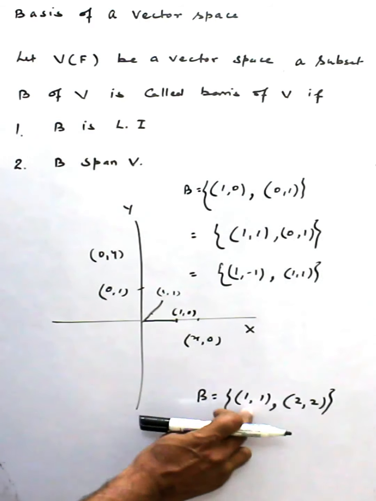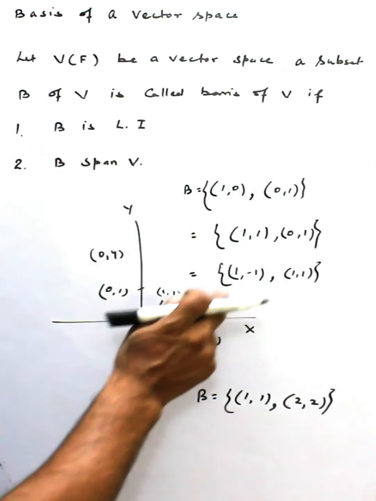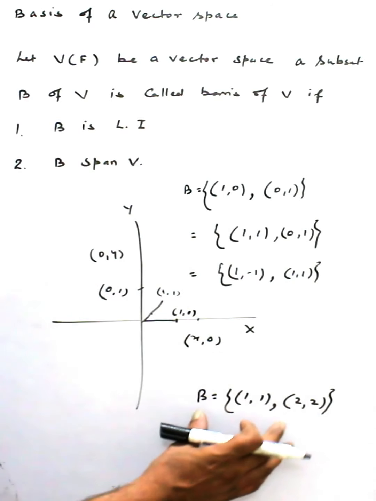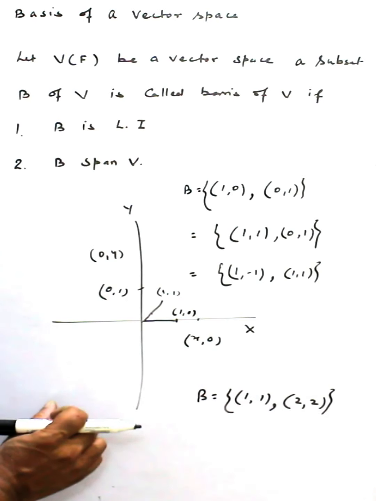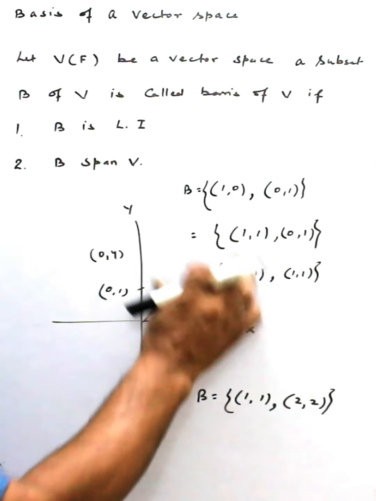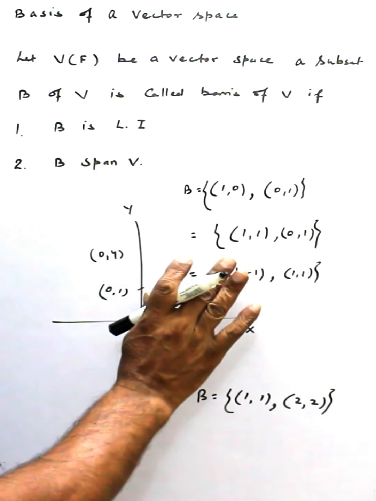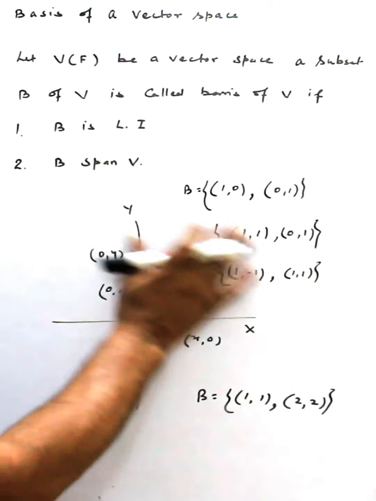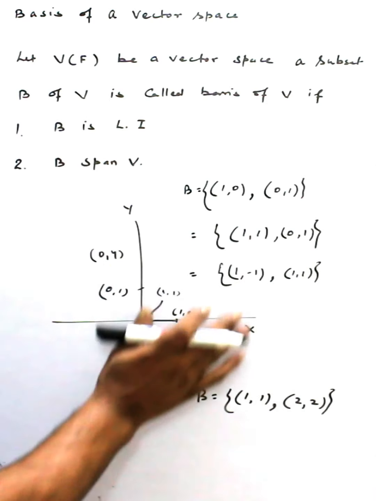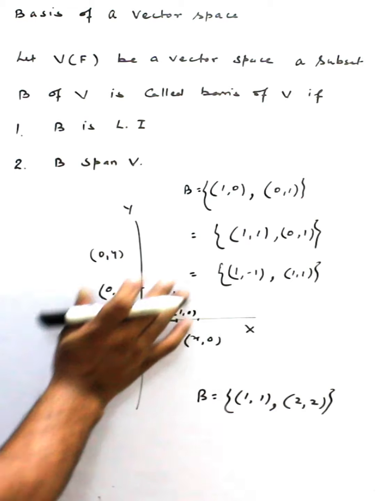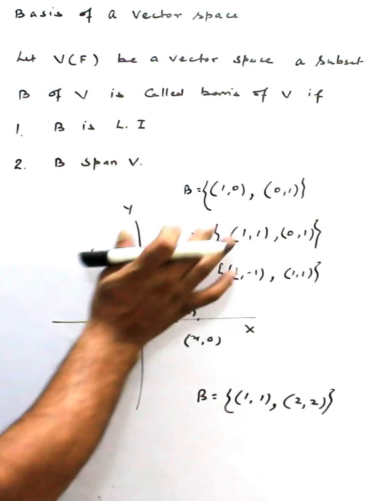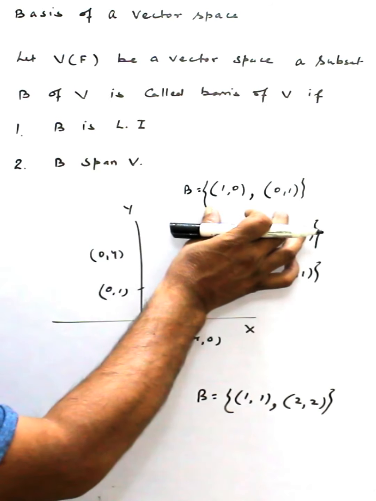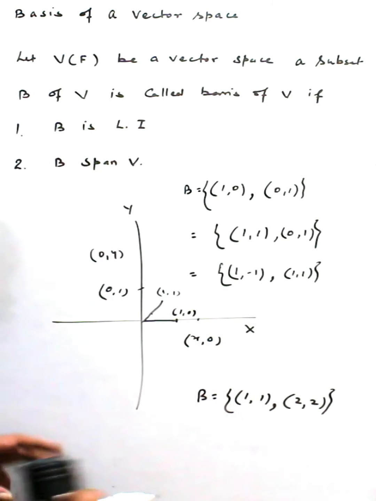This vector is double of this one, and they have the same direction, so they are dependent, whereas the other vectors are linearly independent because their directions are different. There are infinitely many such cases, since R square is infinite, but more than two vectors will not be linearly independent. So only two vectors will be linearly independent.